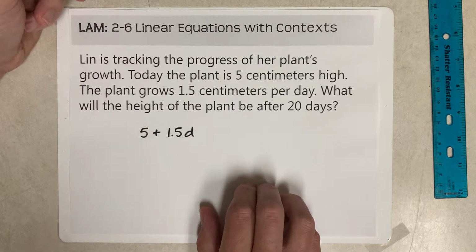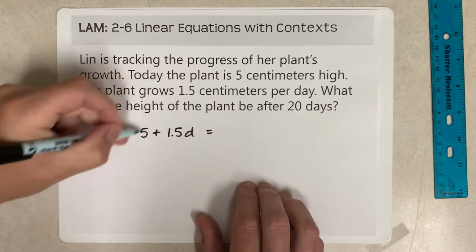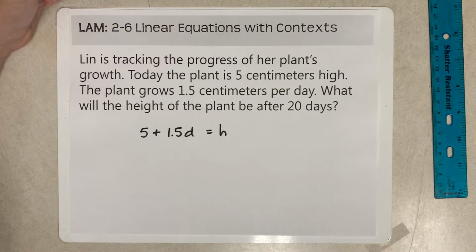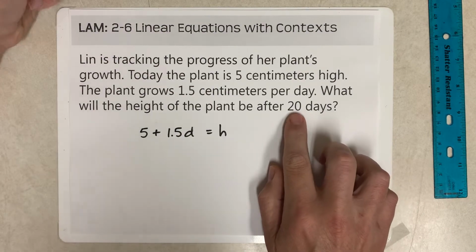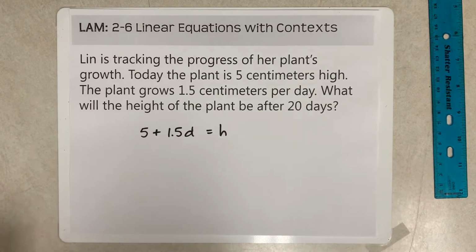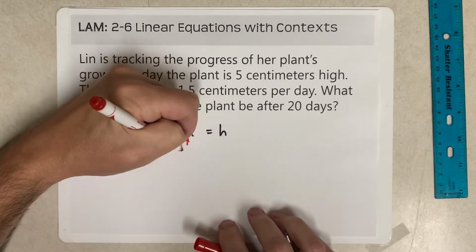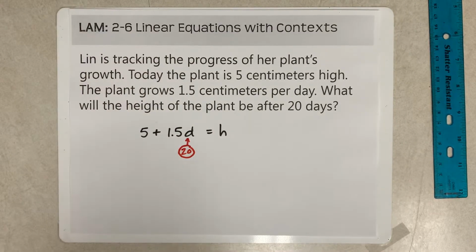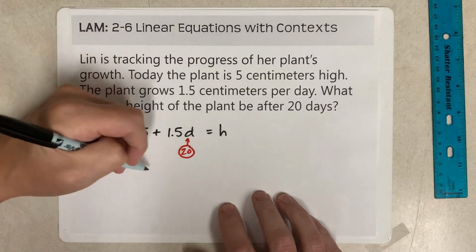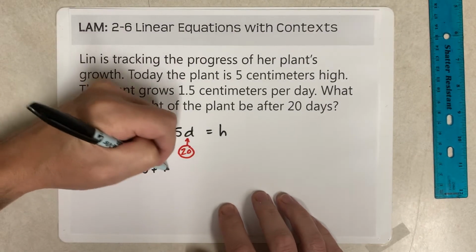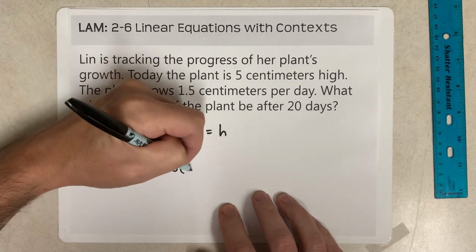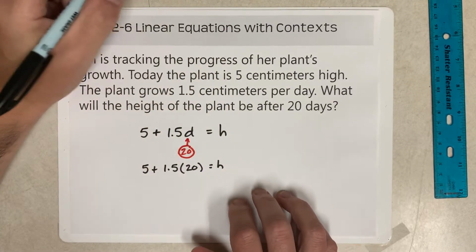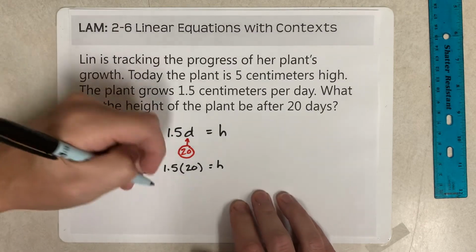And so we don't know what the height is, but all of this gives us the height of the plant. So we do know that we have 20 days that we're talking about. And so this time, that means we need to plug in a 20 for that D right there, and then we're going to solve, and we're going to get H. So 5 plus 1.5 times 20 is equal to H. So 1.5 times 20 would be 30.